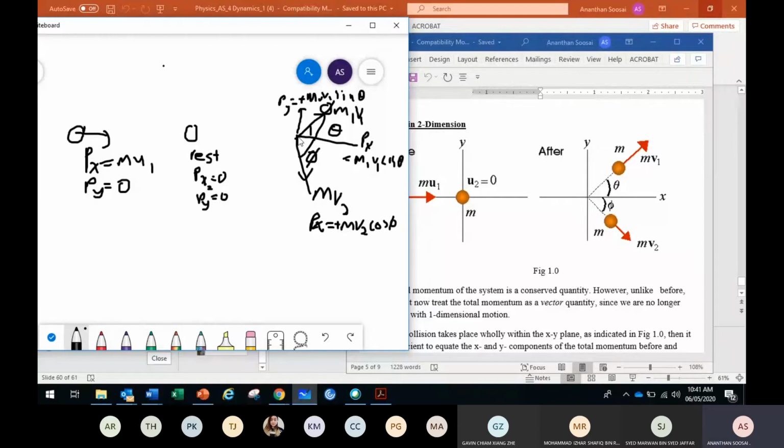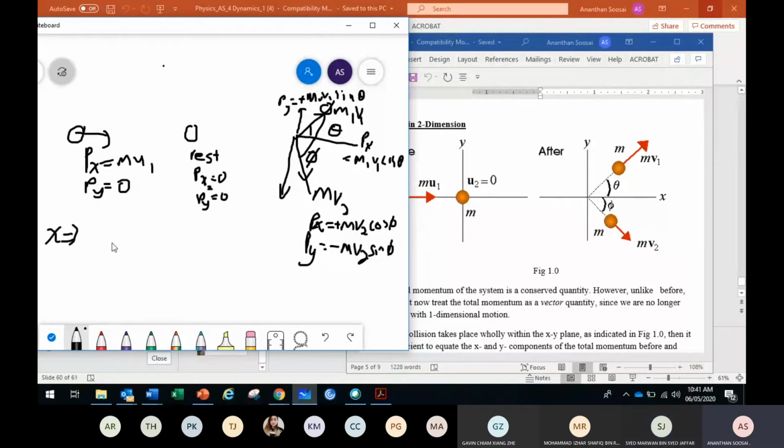Positive, because the momentum is directed to the right. Then the vertical component is directed down. So is py positive or negative? Py will be negative because it is directed downwards. So how much? m2 v2 sine psi.